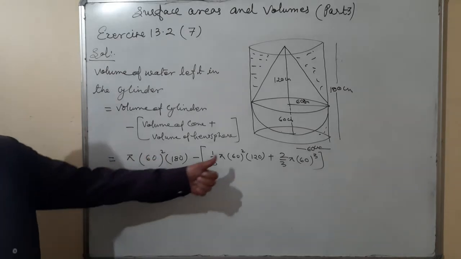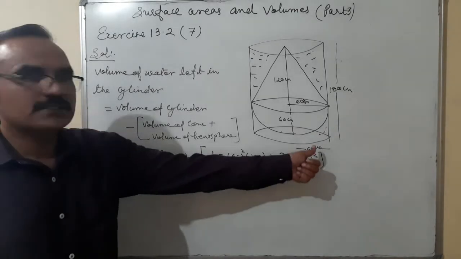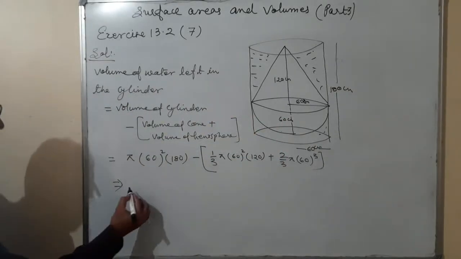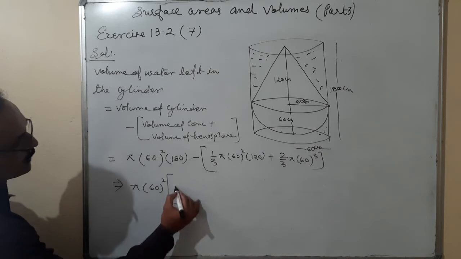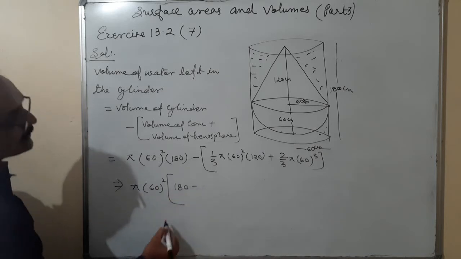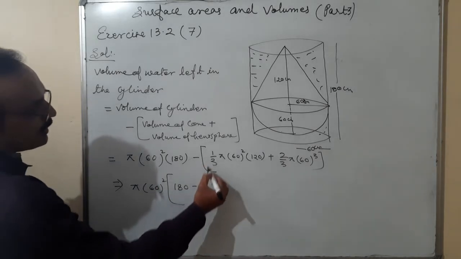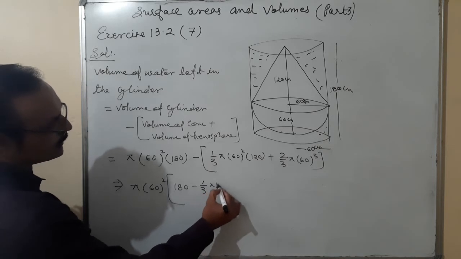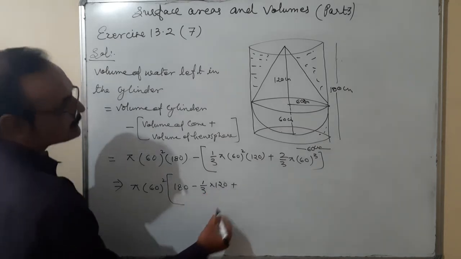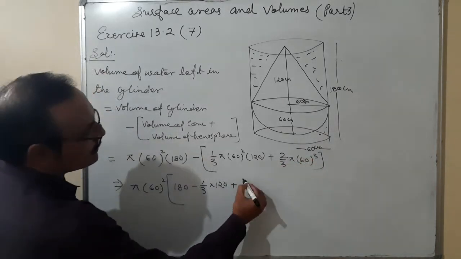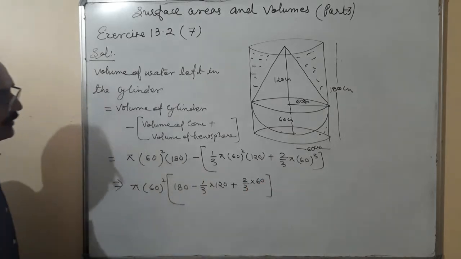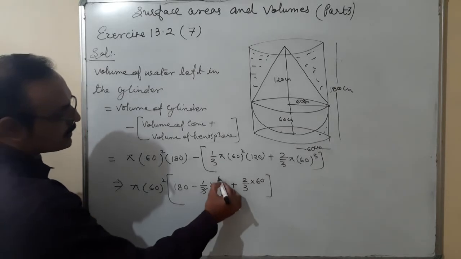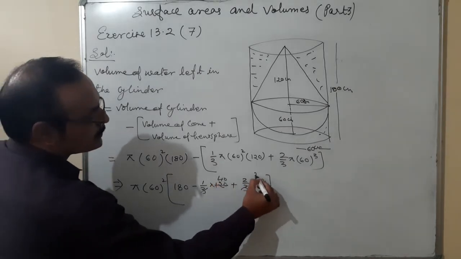That means pi 60 square and pi 60 square. I want to take common pi 60 square from these three terms. Now it is 180 minus, pi 60 square common, 1 upon 3 multiplied by 120, plus pi 60 square common, 2 upon 3 multiplied by 60. Okay, 3 4s are 12 and 3 20s, it is 20.